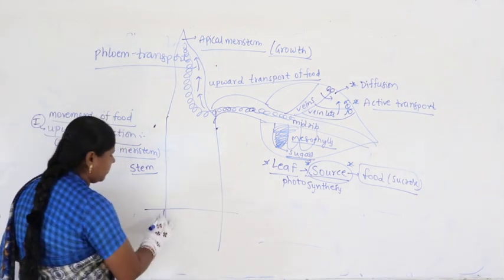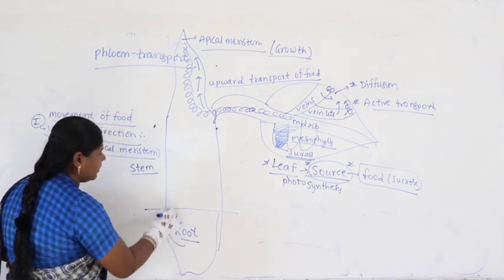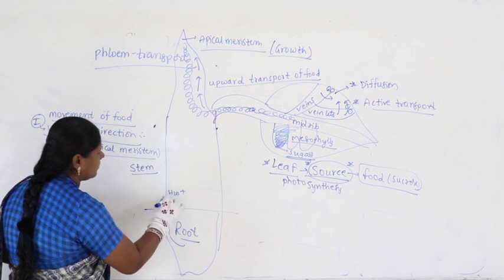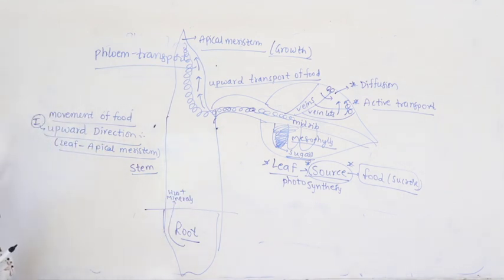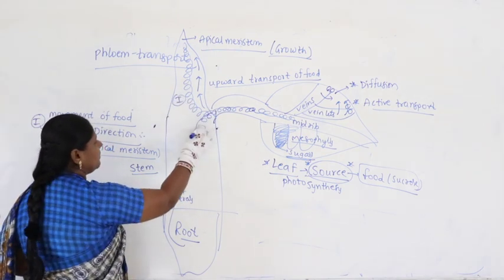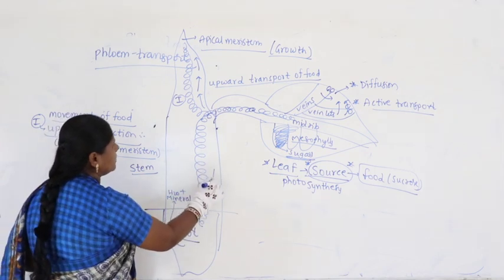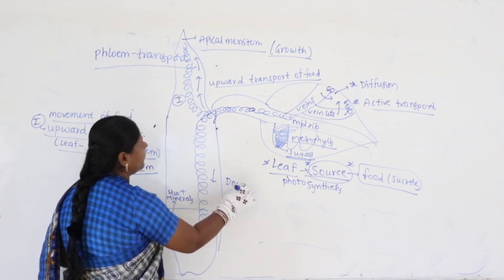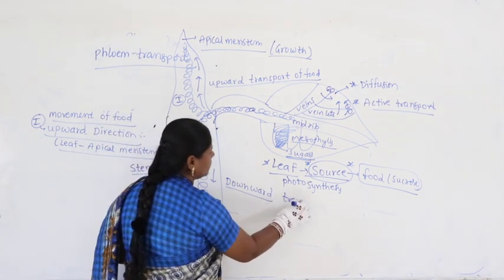Coming to the basal part, the root, of course, is one side continuously giving water and minerals. At the same time, a root has to survive, which means the root also is in need of some food material. So the leaf will supply the food to the root. This is nothing but downward transport of food.